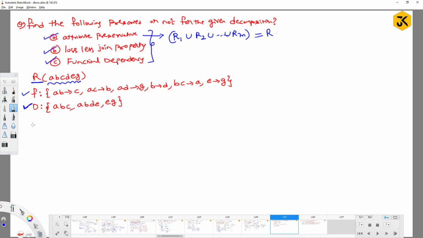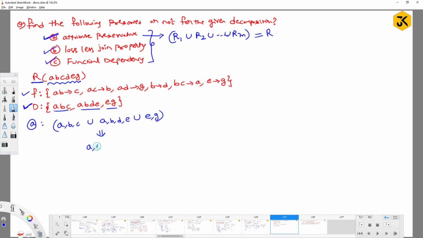If those attributes are equal to the actual relation attributes, I can say it is attribute preserving. So first let's check for A. For question A, take the attributes of the first relation A, B, C, union the second relation A, B, D, E, union the third relation E, G. What are you going to get?